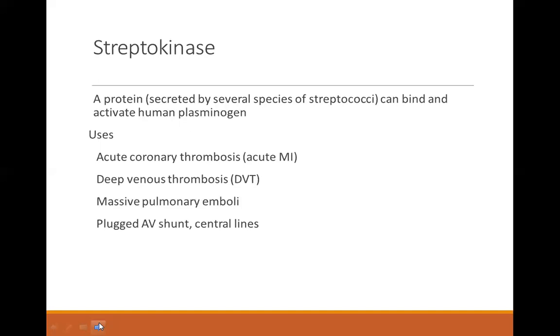Its uses are acute coronary thrombosis, that means in a myocardial infarction especially, and DVT, deep vein thrombosis, massive pulmonary emboli, and plugged AV shunts or central lines. So we use streptokinase.